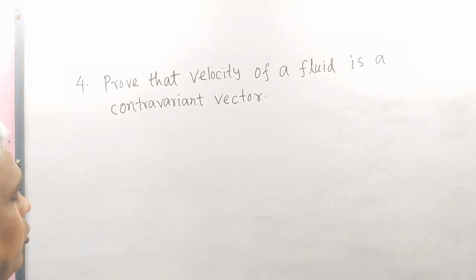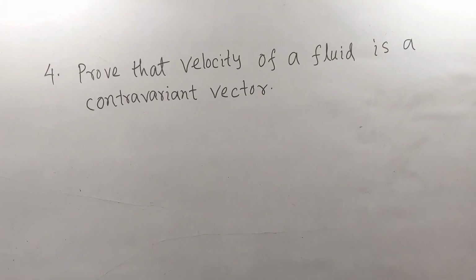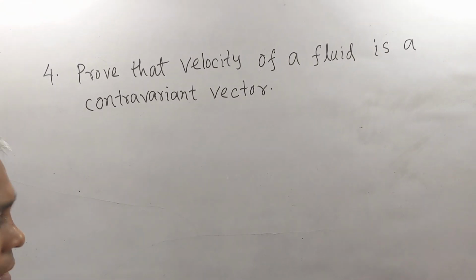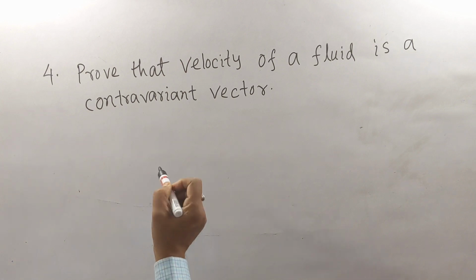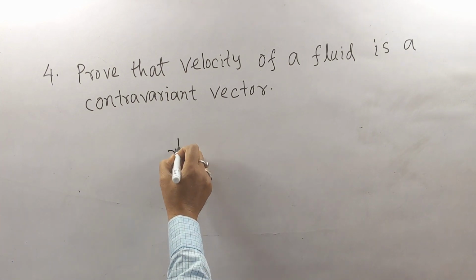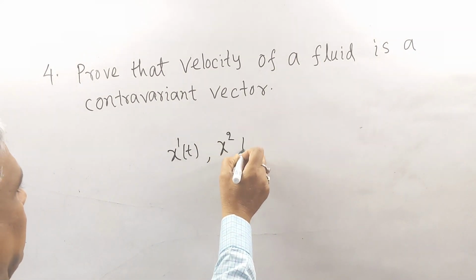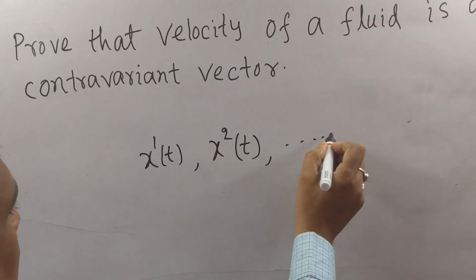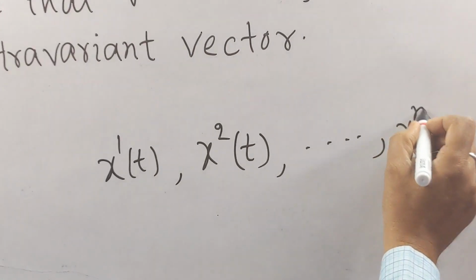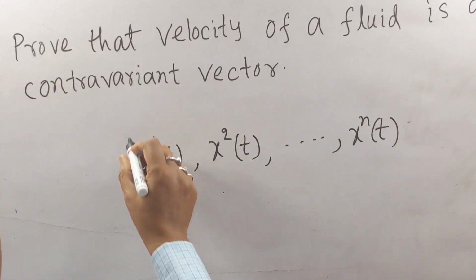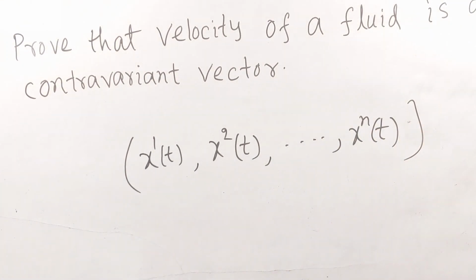As fluid flows, let the coordinates of a particle which is moving be taken as x1(t), x2(t), xn(t) at the moment t.